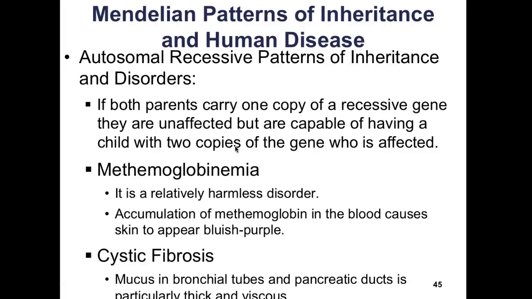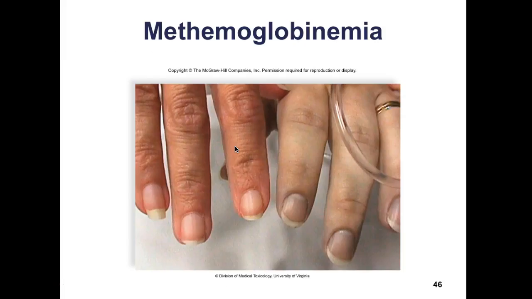fibrosis. Mucus in the bronchial tubes and pancreatic ducts is particularly thick and viscous. Here you could see the case of methemoglobinemia.